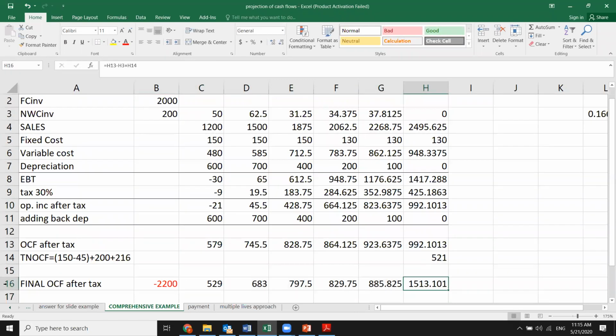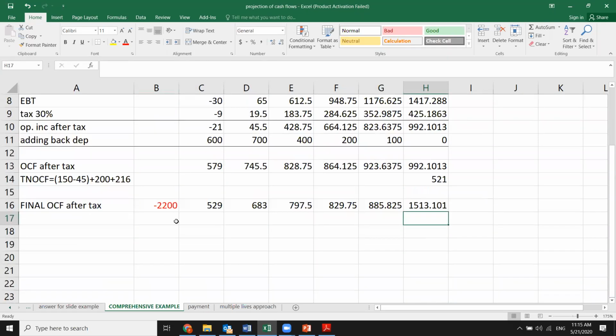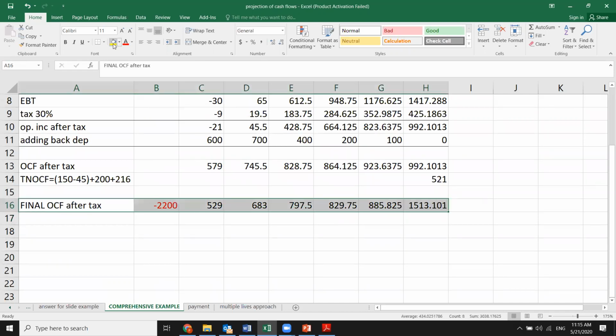We are adding back always the terminal non-operating cash flow to the last year, okay? And this is our cash flows that are generated to actually calculate the NPV. This is what we're actually looking for. This is our projected cash flows, okay?